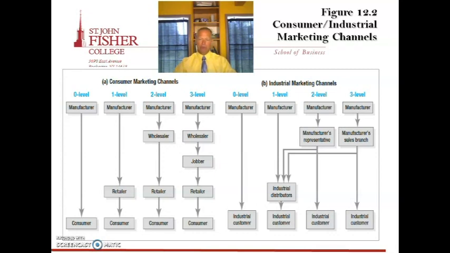He repped it for the manufacturer, sold it into industrial distributors, and then individuals sold those through. And then you also have your manufacturer to manufacturer sales branch. Sometimes then it goes into industrial distributors, or it can go right into the industrial customers. So those are what I would call your different B2B marketing channels. On the left you have B2C, and on the right you have B2B.